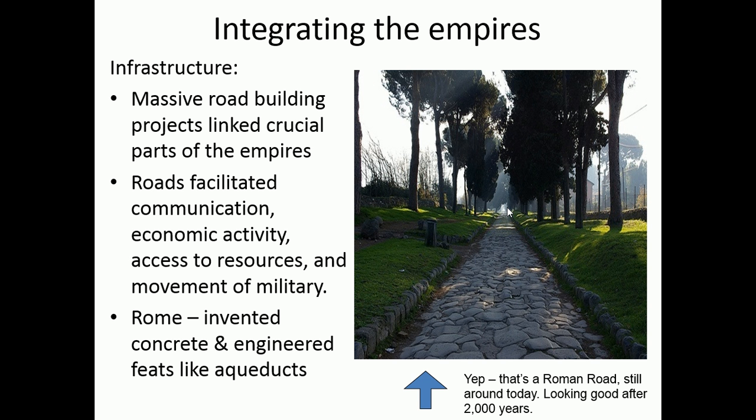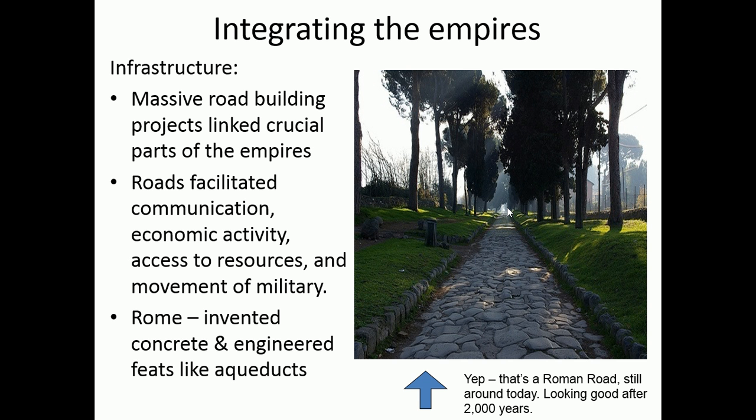And Rome, especially, I think, is excellent in terms of their construction techniques. They will invent concrete, and they'll also create these huge works of infrastructure called aqueducts, which are kind of arched pathways that carry water from usually mountains into cities.